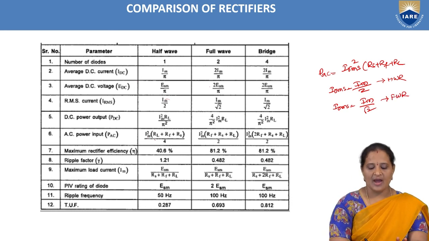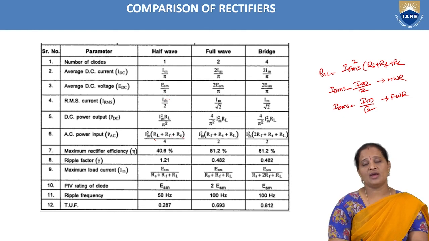So that is why Im square by 4 into (RL plus RF plus RS), where RF and RS are the internal resistances of the diode and secondary winding of the transformer. This is divided by 2, whereas we have 2 RF because 2 diodes are on in case of bridge rectifier during either half cycle. So that is a difference that you can observe.